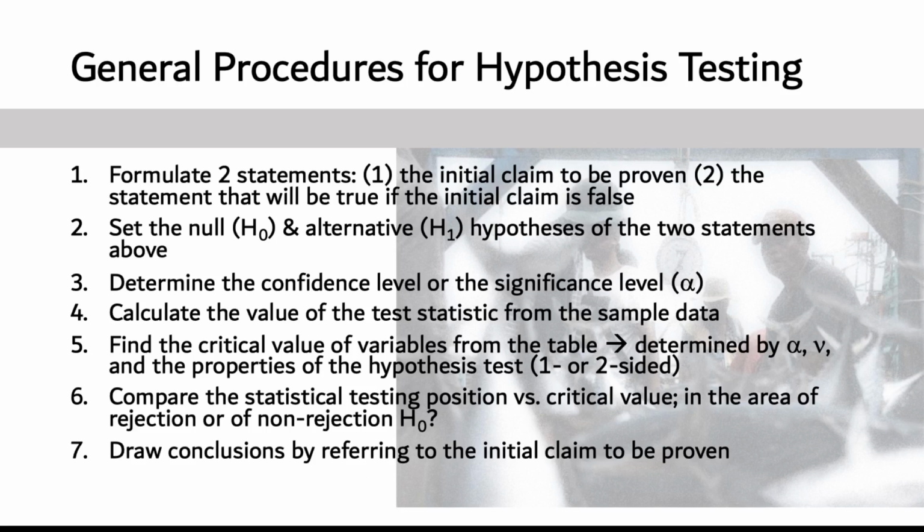Next, we compare the statistical test position and the critical value in the area of rejection or in the area of non-rejection of H0. Lastly, we draw a conclusion by referring to the initial claim to be proven.